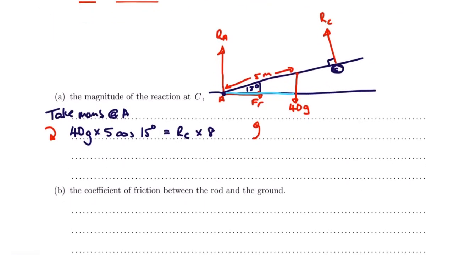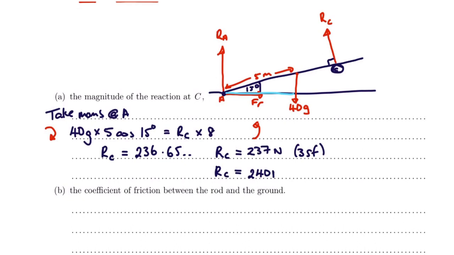If you type all that into your calculator, you will get that RC comes out as 236.65, which we're going to cut to either 2 or 3 significant figures, so that will be 237 newtons, that's 3 significant figures, or another option, because we've used g, is 240 newtons, and again that's 2 significant figures.